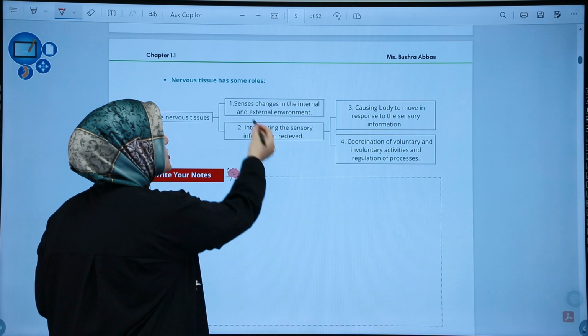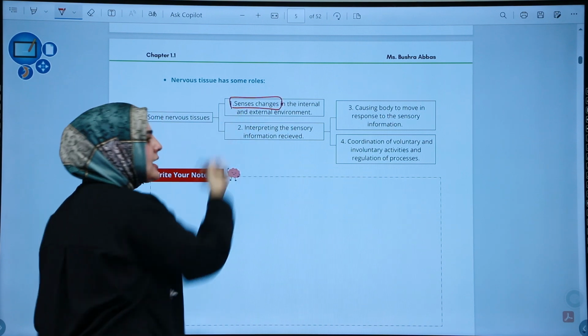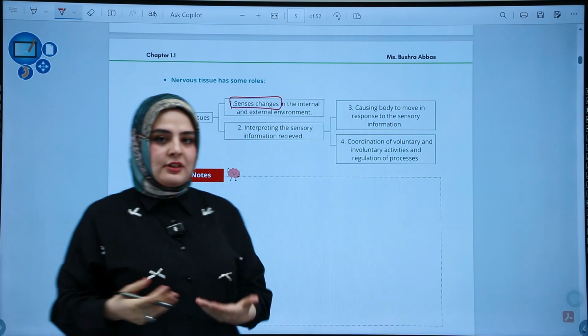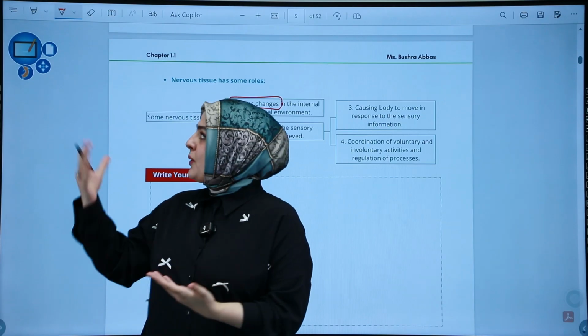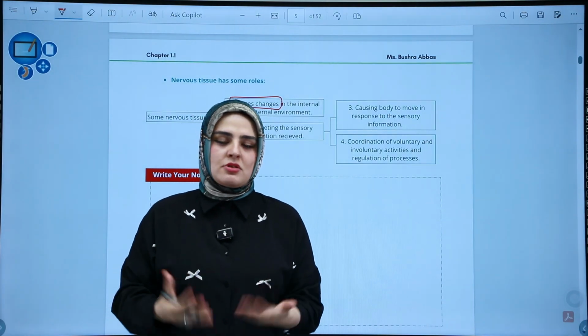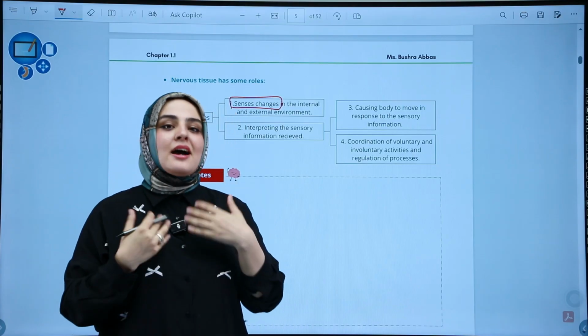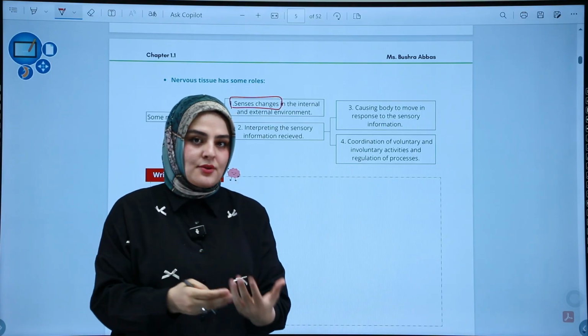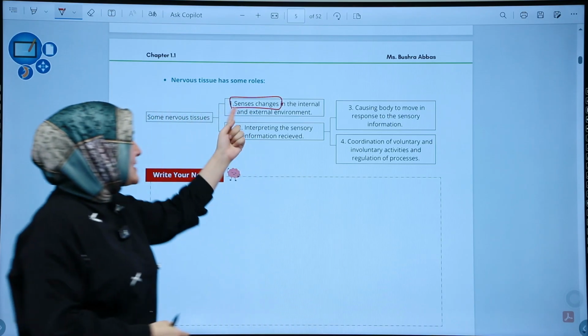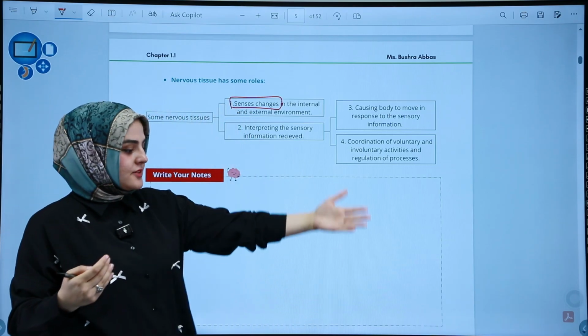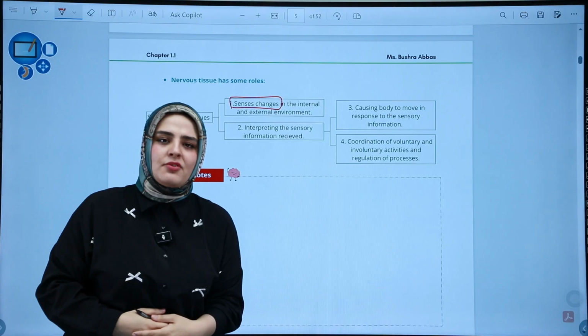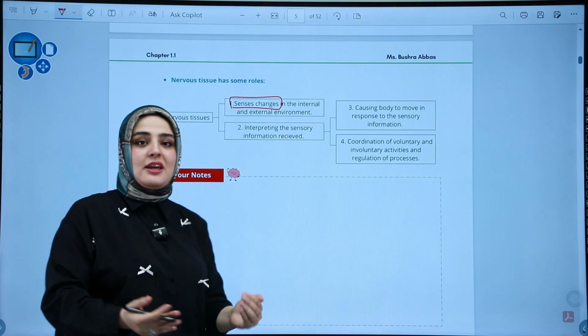See, nervous tissue senses changes. A bit earlier I felt a bit hot, okay, because the AC was just starting to work. How did I know the temperature was higher? Because I felt it. My skin sensors felt it. So sensing changes, either from external or internal. Maybe you have a pain from your stomach. See, it could be either way.